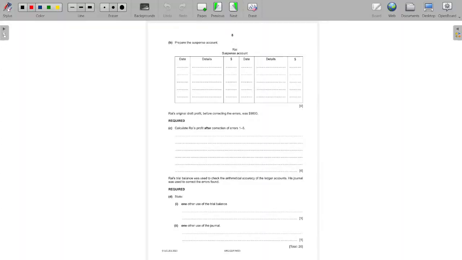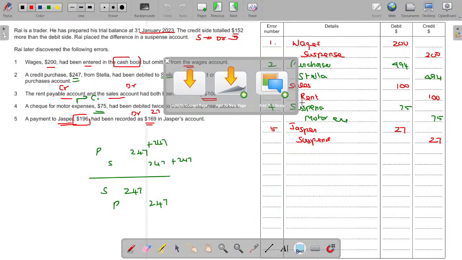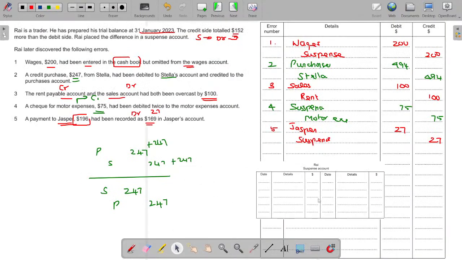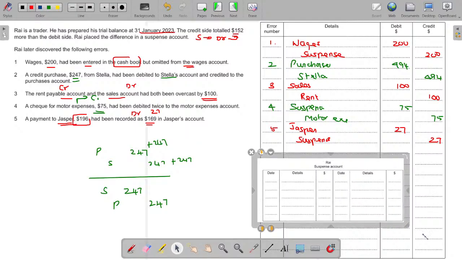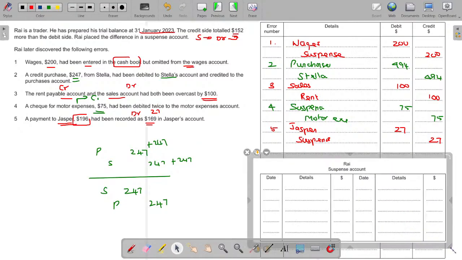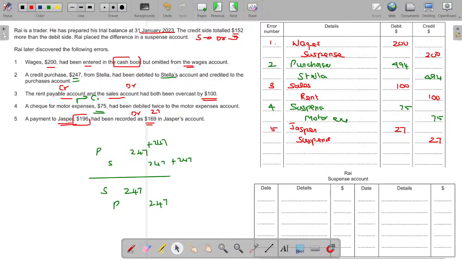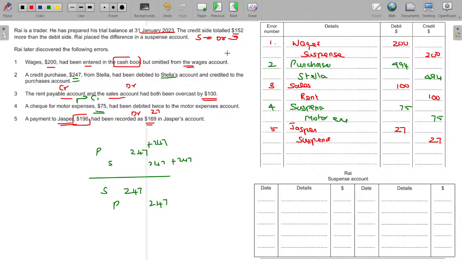Now we have to prepare the suspense account. For the illustration, I am going to prepare the suspense account here. Initially we have 152 in the debit side.